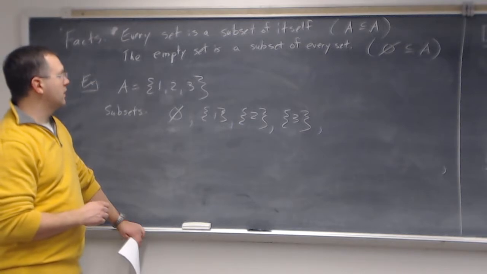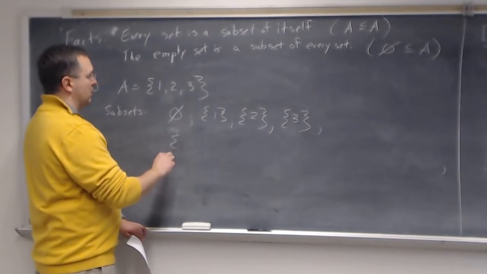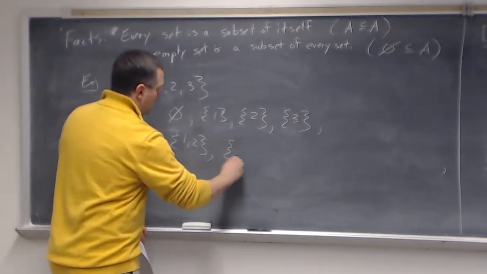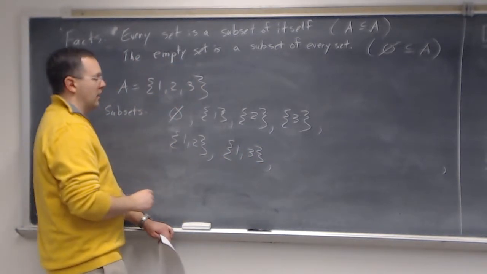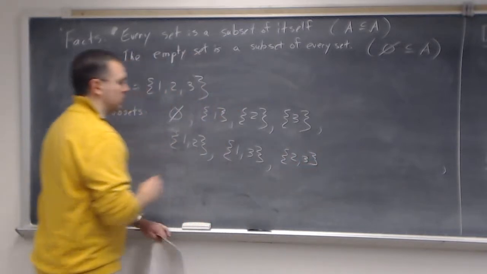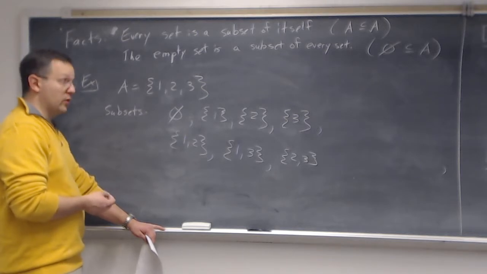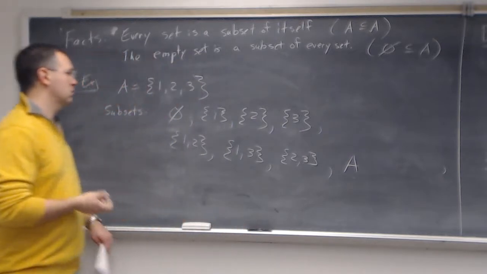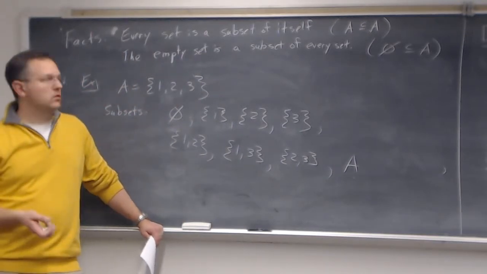So now there are some subsets containing 2 elements: how about 1 and 2, how about 1 and 3, the set containing 1 and 3, and then the set containing 2 and 3. Is there another subset? 1, 2, and 3, so the set itself. I'm just going to call it A. We already have a name for it. Any questions?